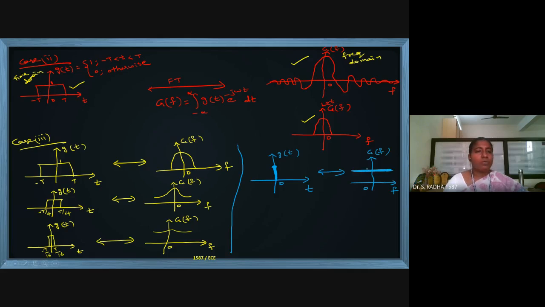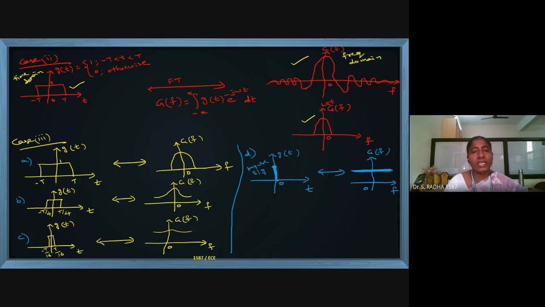So what I have done in case 3, I have gone with A, B, C, D, 4 cases. And here, this is called the impulse signal, very narrow, width approaches 0.